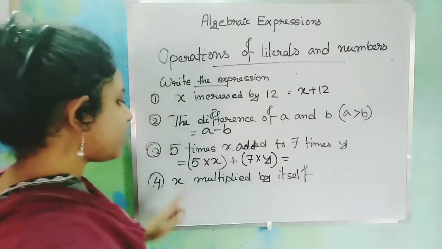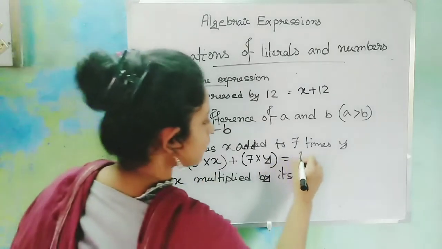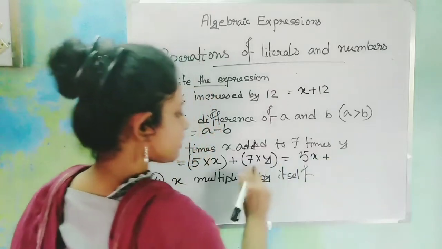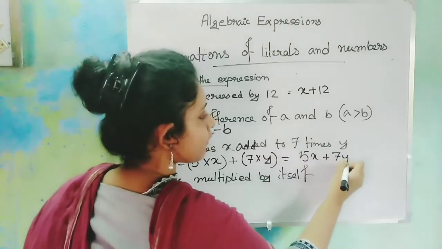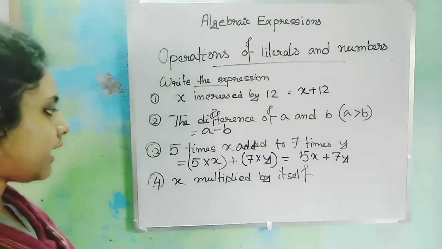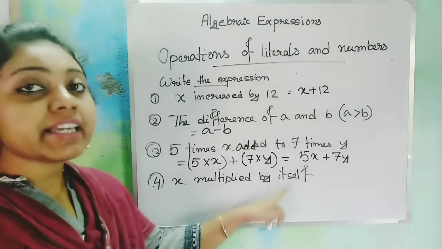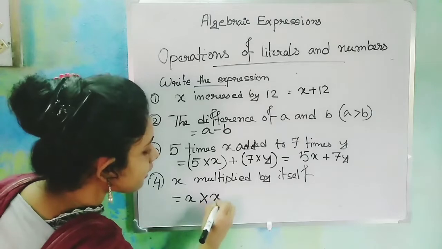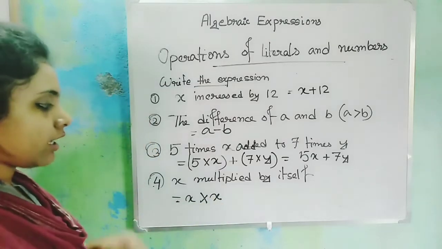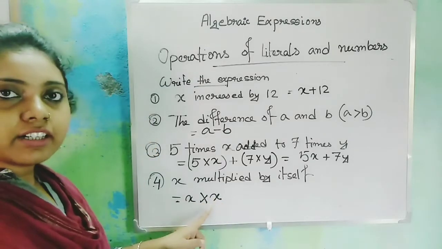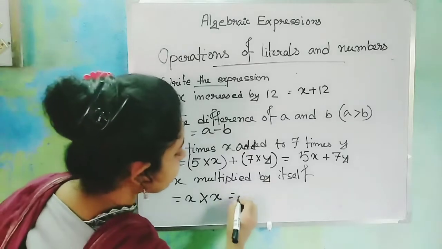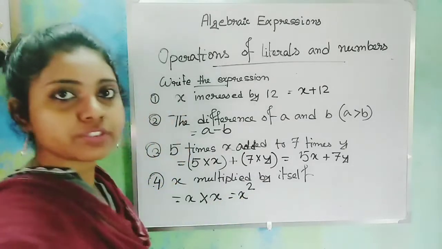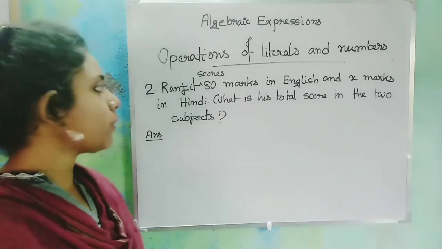So we can write 5x plus 7y. Next, x multiplied by itself, that is x is multiplied by x. There are 2 x's, so we can write x square. Now see the next problem.